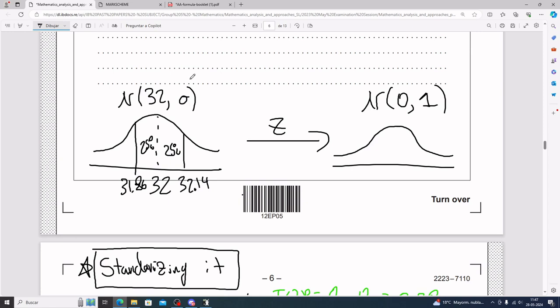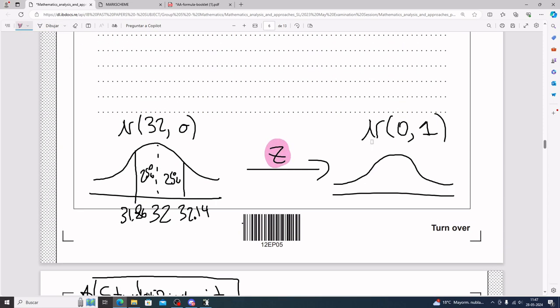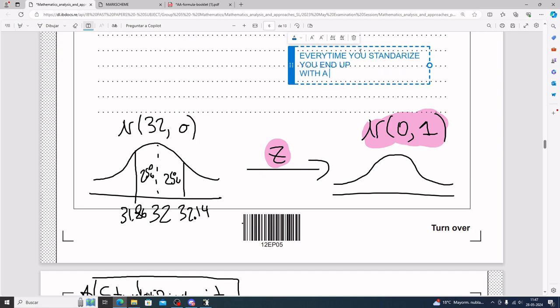And this is massive. I know I'm just a guy on the internet that's a little bit of a nerd with math, but this is actually massive because once you standardize, and this is the key idea, you end up with a normal distribution whose parameters you know. Every time you standardize, you end up with a normal distribution with mean equals 0 and standard deviation equals 1.